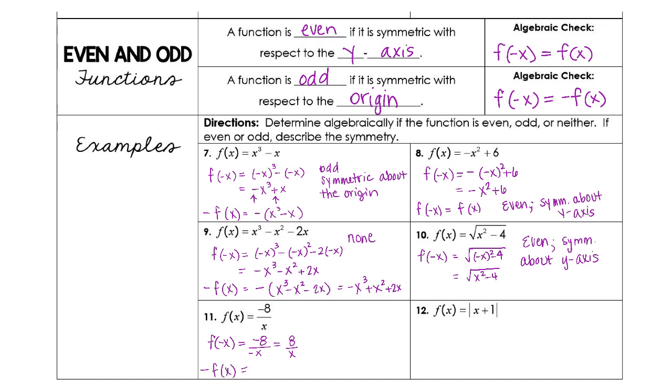That means I'm going to multiply the original by a negative. That's all that means. And notice if I do that, I have a positive 8 over x. So multiplying the original by a negative generated what I got when I substituted in negative x. So this function is odd. So therefore we are symmetric about the origin.